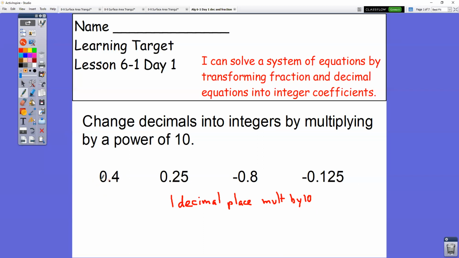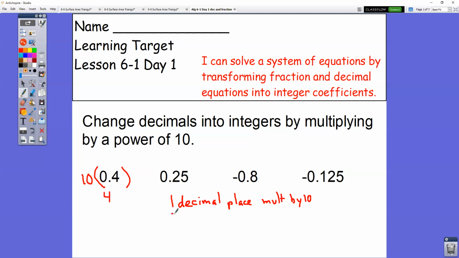So if we take this 0.4 and we multiply it by 10, now you're going to multiply the whole entire equation. That's why you're going to see me putting parentheses here. 10 times 0.4 gives me an integer of 4. 4 is a lot easier of a number to work with than 0.4 is.